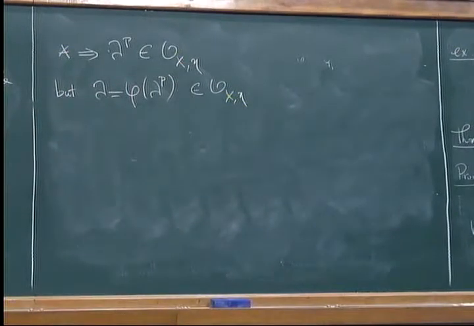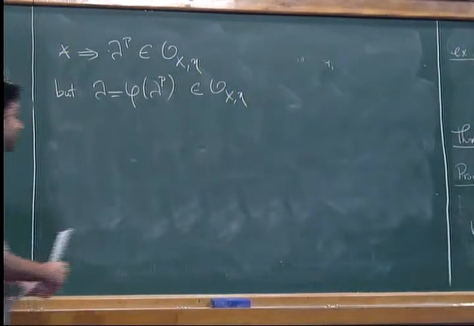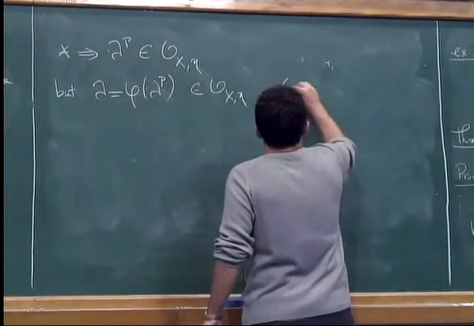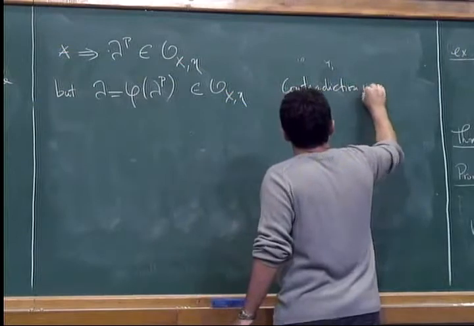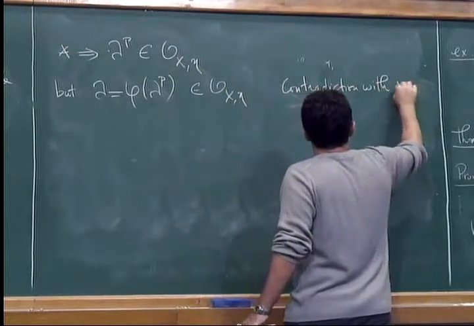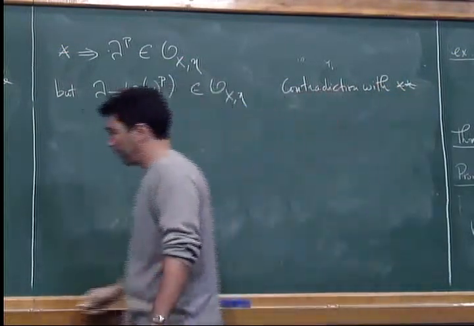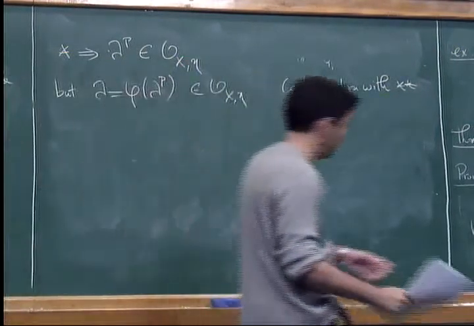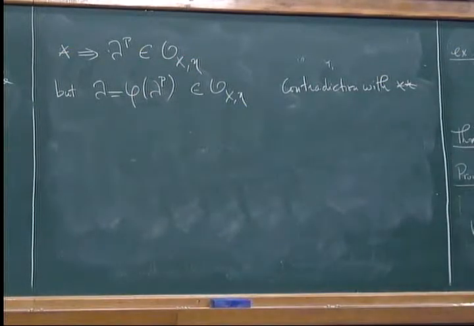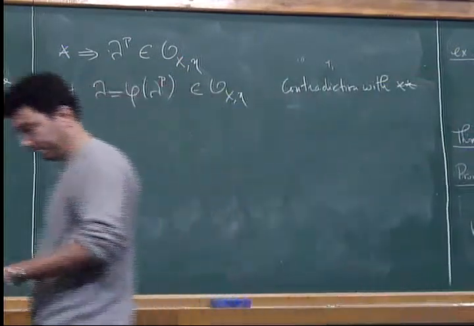This is a contradiction with this. Or, in other words, the ideal I is A and W is empty. So we get that F is an isomorphism.